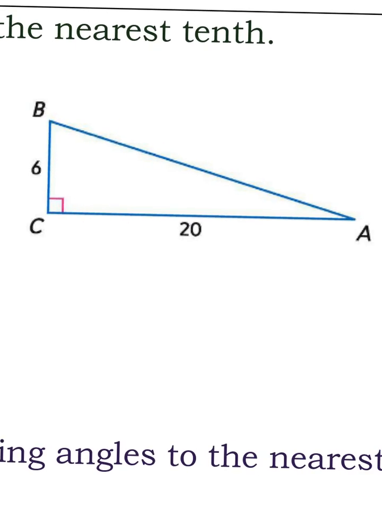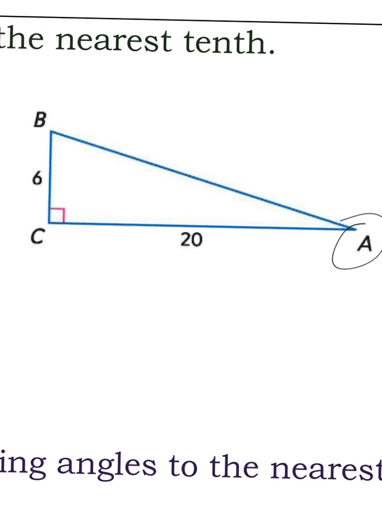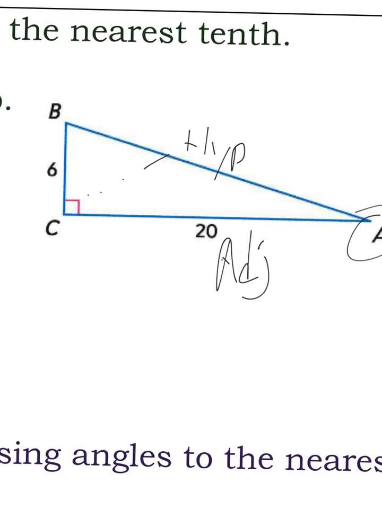Looking at this one, angle A is here, so 20 is adjacent to it because it touches it. Adjacent means it's next to it or it's touching it. 20 runs into angle A. I've got my hypotenuse over here with nothing by it, so it's really not relevant for this problem. And then 6 is completely opposite of A, so I'll put an opposite by it.